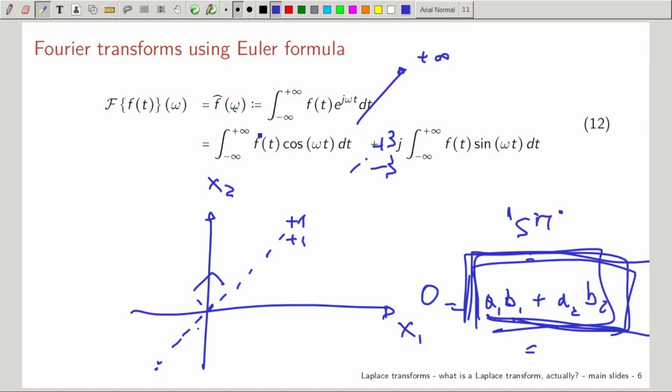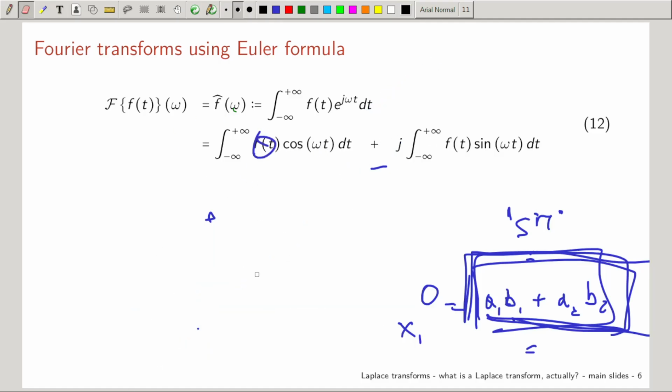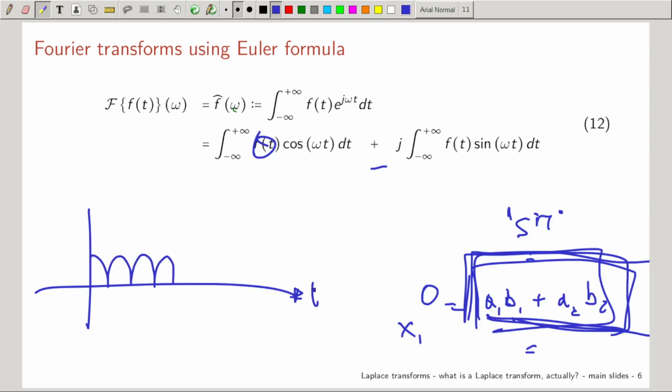If this one is a cosine, and this is a cosine, cosine omega t, cosine squared, integral of a cosine squared, what is it going to be? Integral of cosine squared. Cosine squared will look like what? Sorry. True? This is t, this is cosine squared. If I take the integral of this stuff here, it's going to be plus infinity.